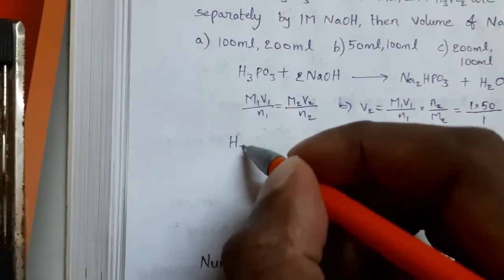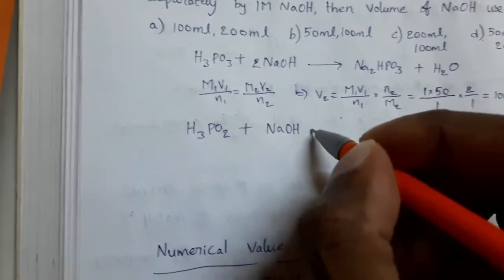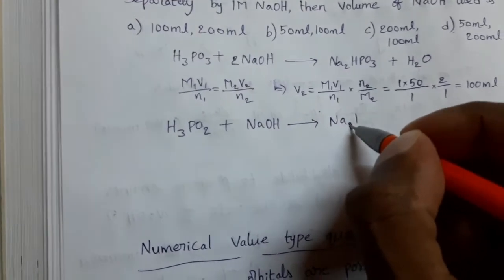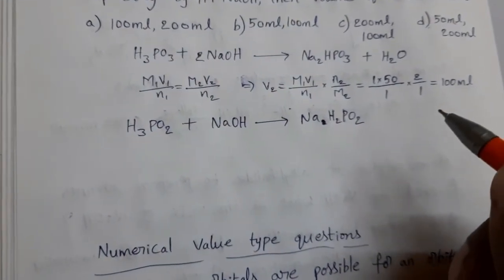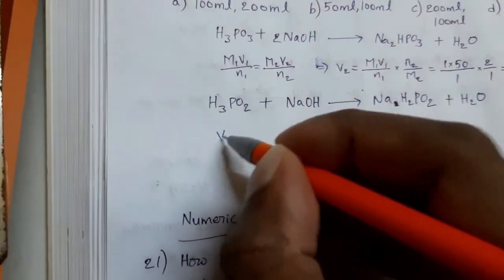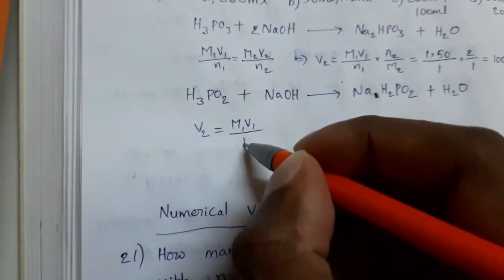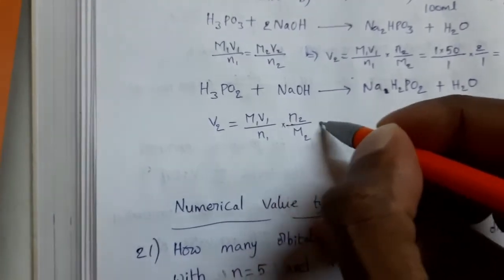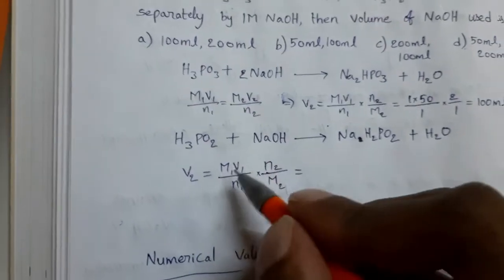Next reaction: H3PO2, hypophosphorus acid, plus NaOH gives NaH2PO2. Only one hydrogen atom is replaced. Here also the same formula: V2 equals M1V1 n2 divided by n1 M2.